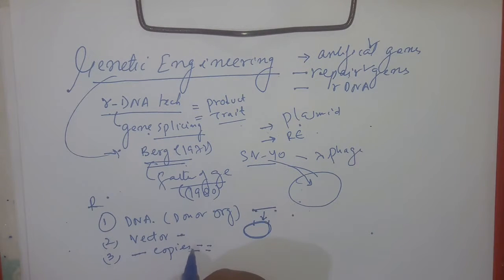So after making a lot of copies of these recombinant DNA, we are going to move into another segment, that is inserting the recombinant DNA into cells of recipient organism.